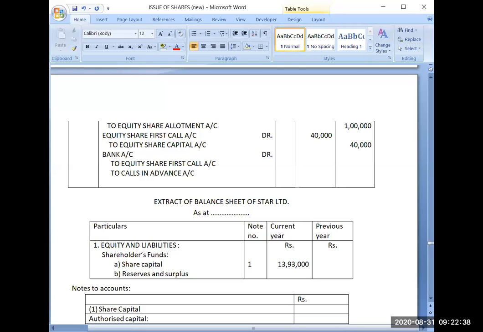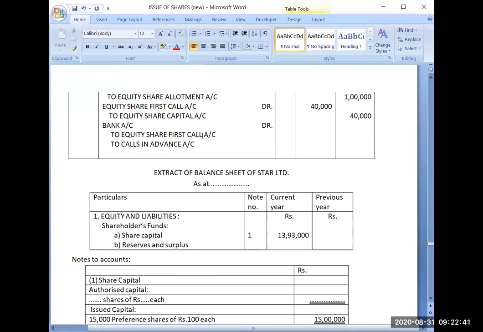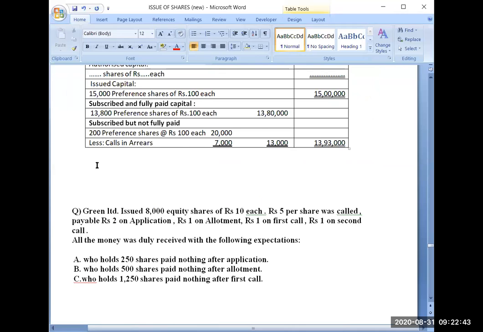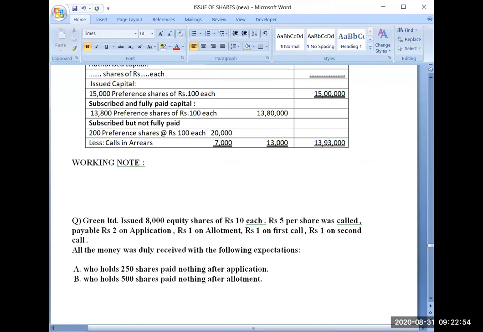Okay, now first thing is, how much amount is due for first call? I will make a working note here also. Amount due on first call. Yes, very good. It is rupees 40,000. Now, how many shares have not paid me first call money?